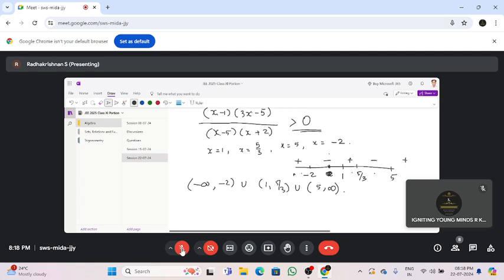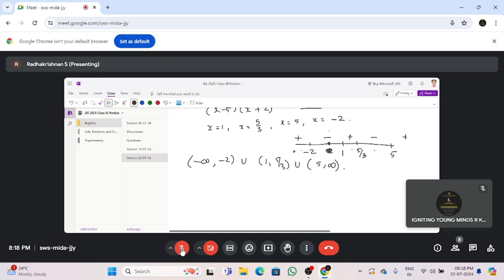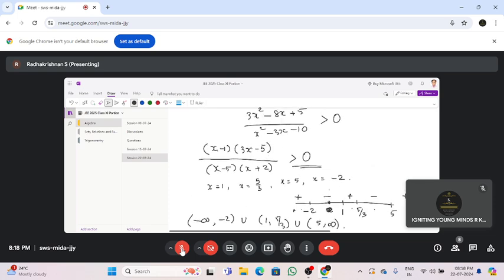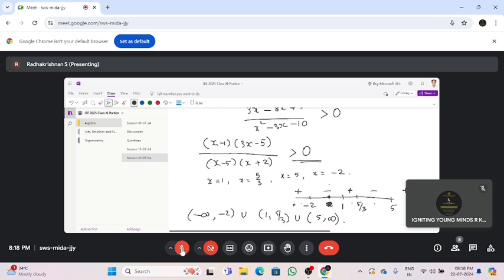Therefore, all of them have to be either greater than 0 or less than 0, but depending on the number of terms which are greater than or less than 0, like we discussed. So this is the range for which this expression is positive. Or the domain of x for the second expression is this.